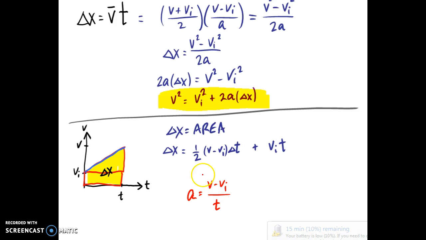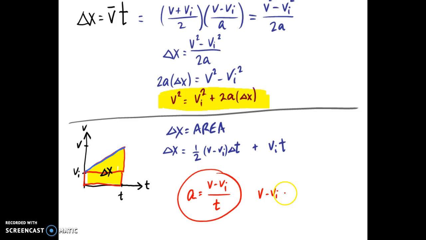By the definition of acceleration as the change in velocity over time, this expression is true for this case here, which means v minus vi, if I multiply both sides by t, equals at. So I will substitute a times t in for that right there.